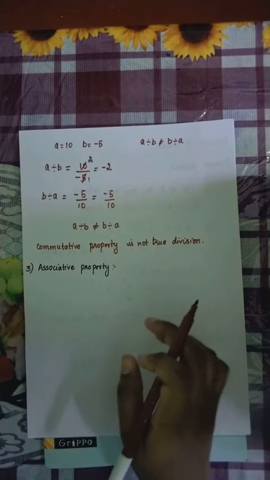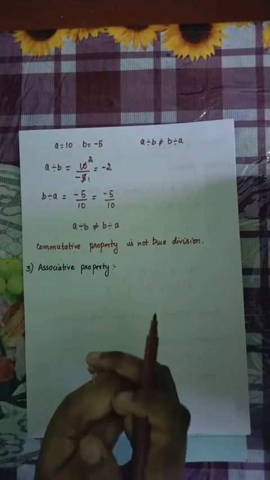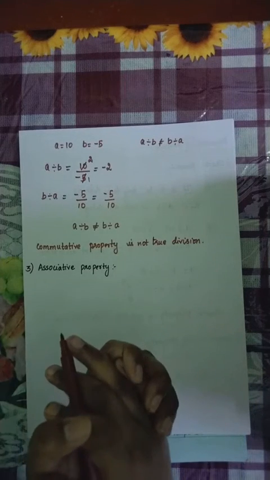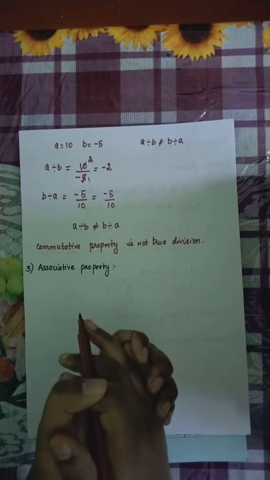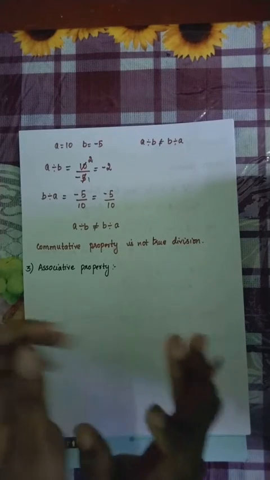Okay students, our third property is associative property. For associative property we need to take any three integers.